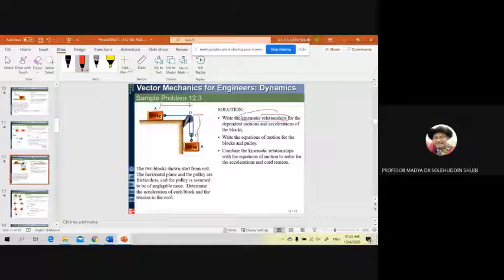After that, we need to write the equation of motion for the block and the pulley, and then you combine the kinematic relationships with the equations in order to solve the questions asked in the problem.